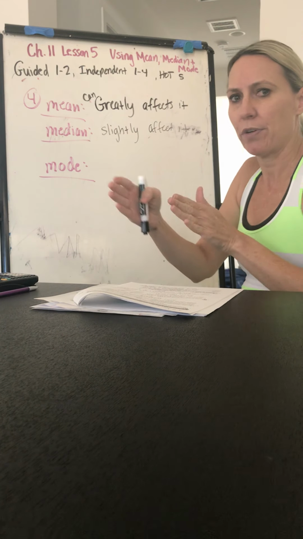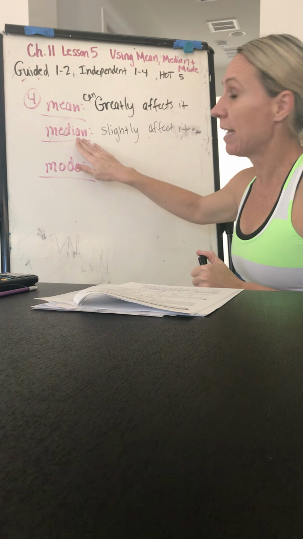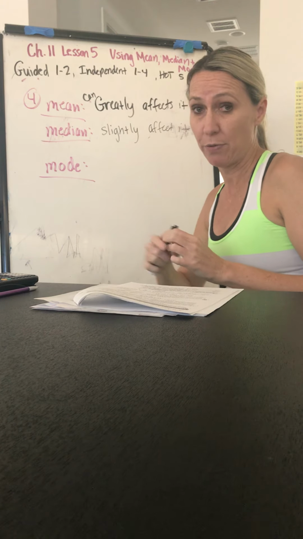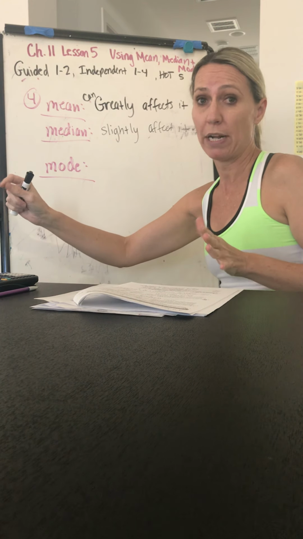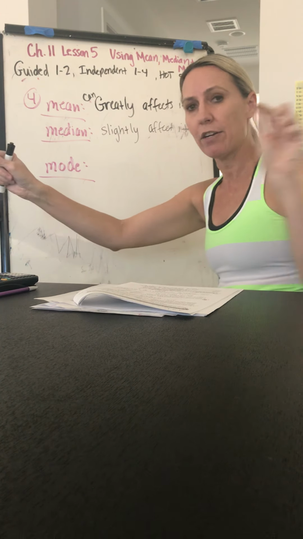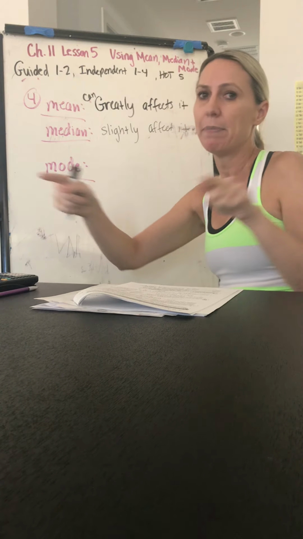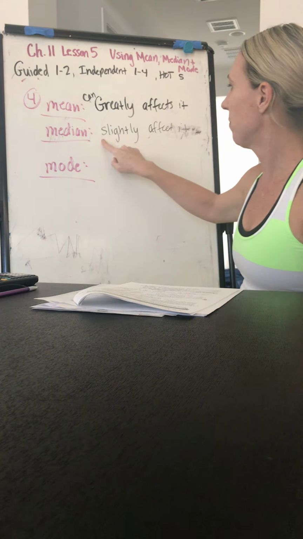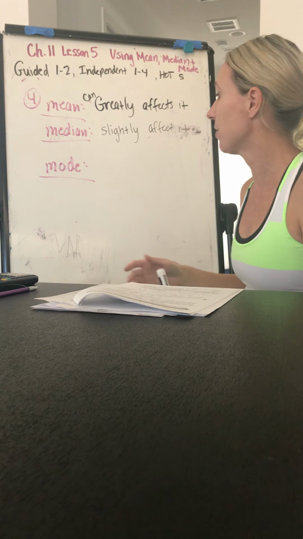It's just going to move it over 1 or 2. There is a chance that the median cannot be affected, because there can be more than one outlier. If there's a really big outlier and a really small outlier, and those both get eliminated, and there's an equal number on each end, the median would still stay the same. So it'll slightly affect it, or maybe not at all, depending on how many outliers there are.